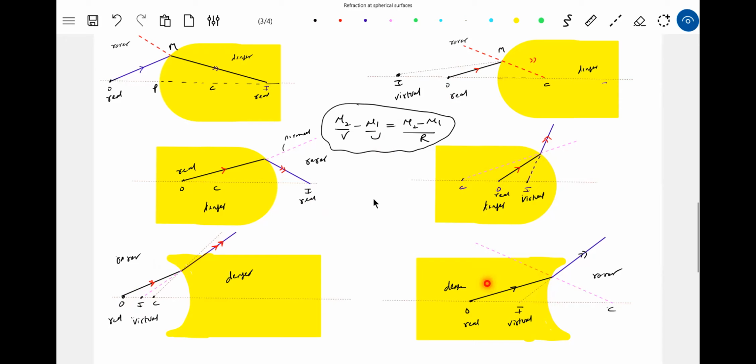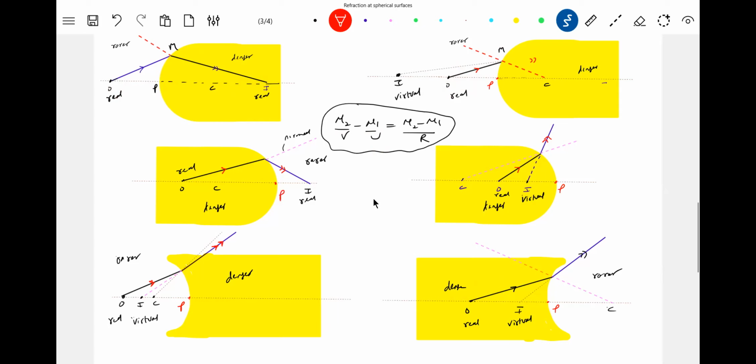I think you do get conditions like this. Next, what is v? v is the image distance you should measure from here, from P. This is v. This is u. What about u here? This is u. What about v? v is measured from P. In all the cases, all the distances are measured from P. So in the formula, what should you do?